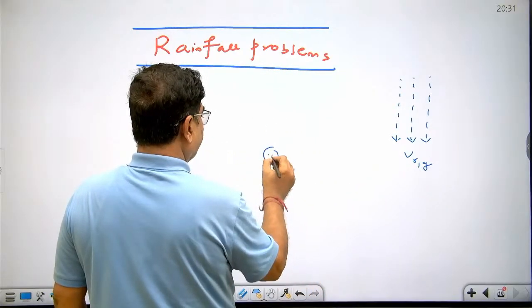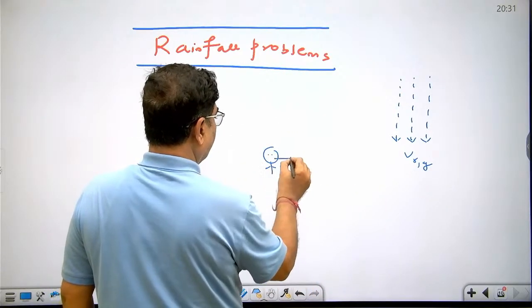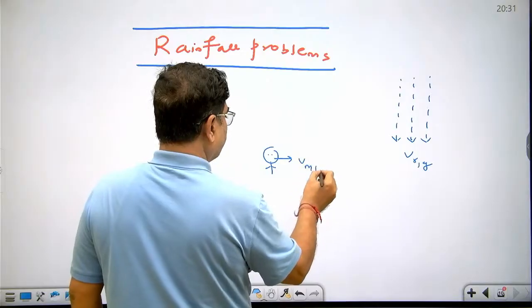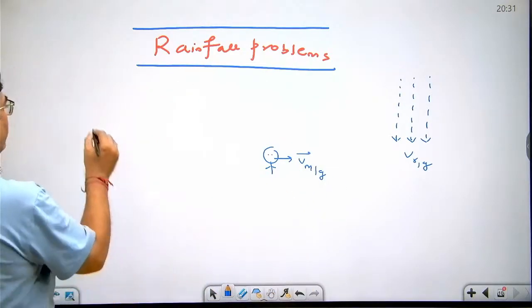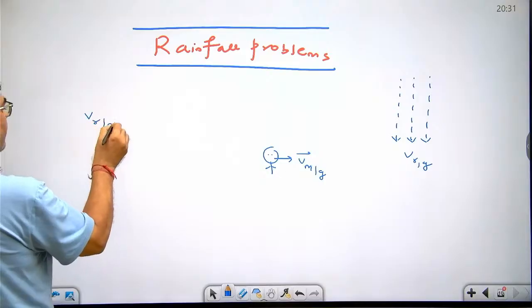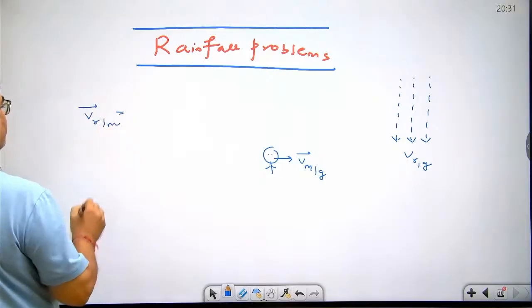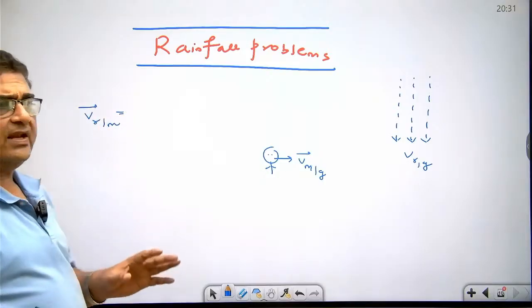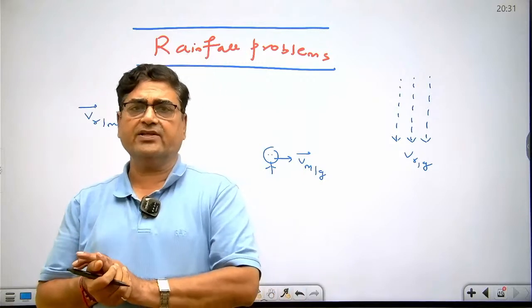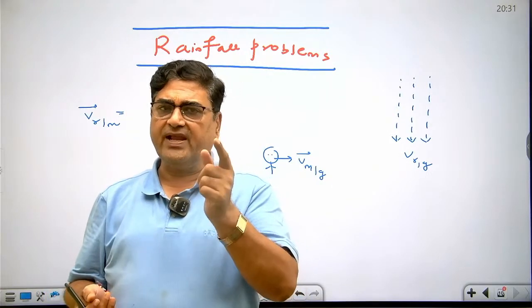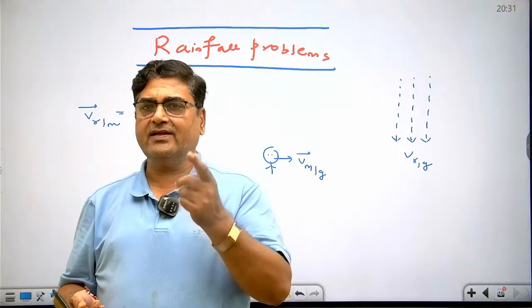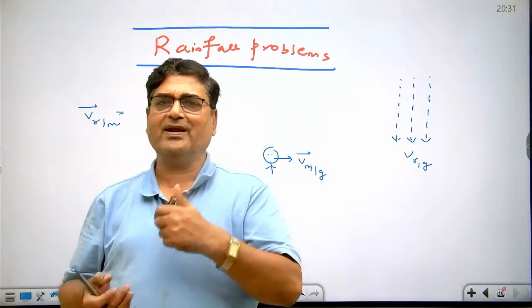And this is velocity of man with respect to ground. Now, if we calculate VRM, this is velocity of rain with respect to man. This indicates the direction of motion of rain as appeared to man.